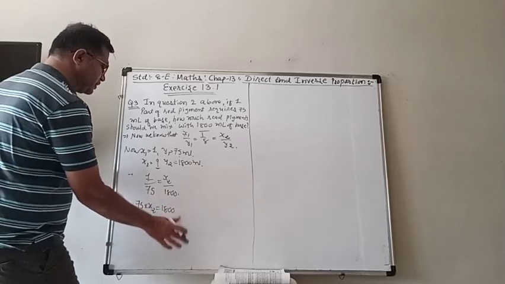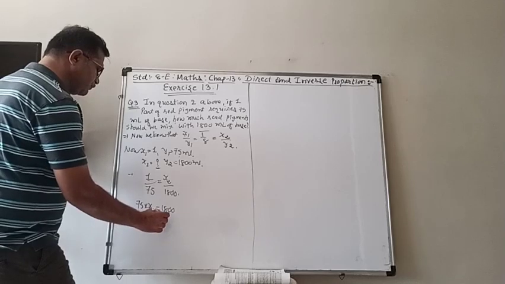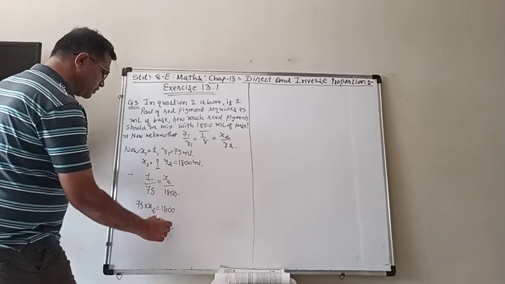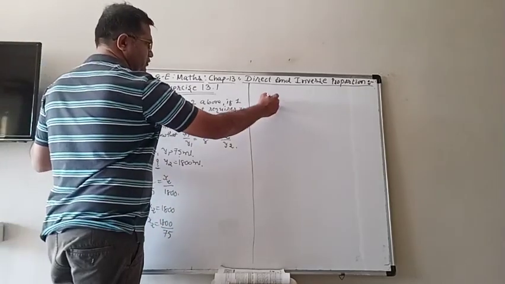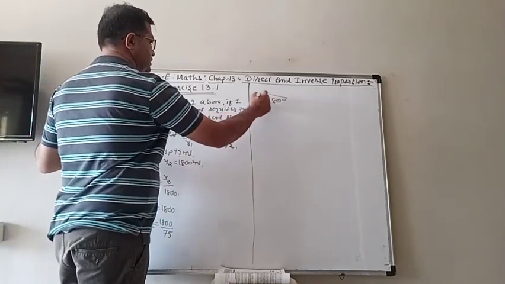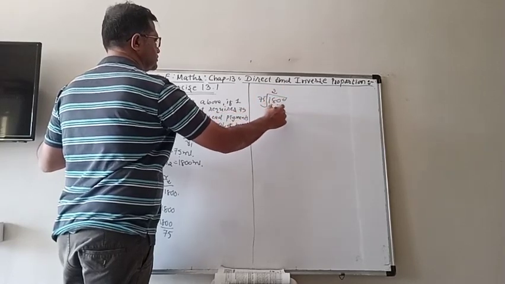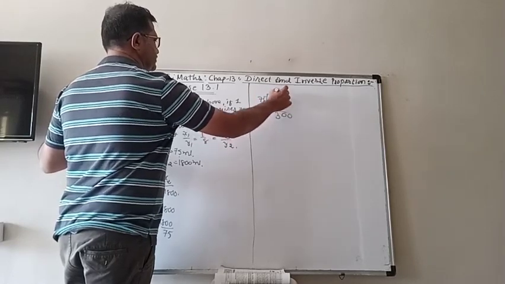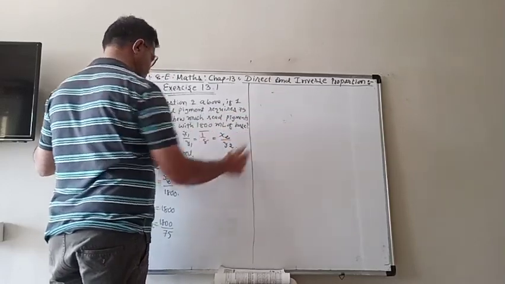It's not necessary to write down multiplied by 1. So x2 is equal to 1800 upon 75. Now you can do the division. 75 to the 150. 75 4s are 300. So the answer is 24.